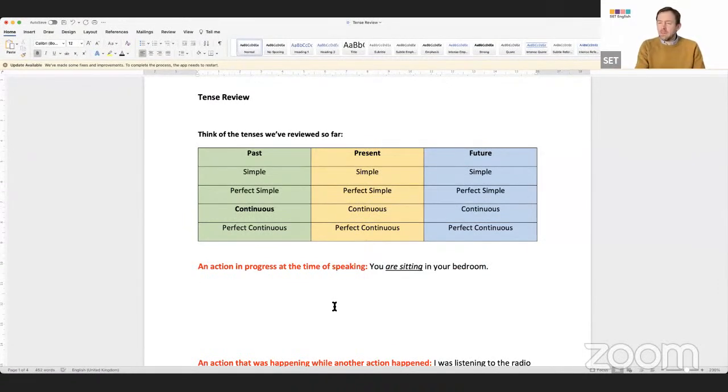So right now, I know this is a strange question, because right now you are studying, aren't you? You are studying because you're in class right now. But in general, in your life, you could say Vizada is preparing for her OET exam.